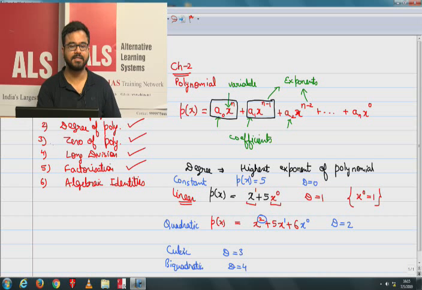Now, the next thing is the 0 of the polynomial, which we have to find. In 10th class also, we have to find the 0 of the polynomial in every case, right?